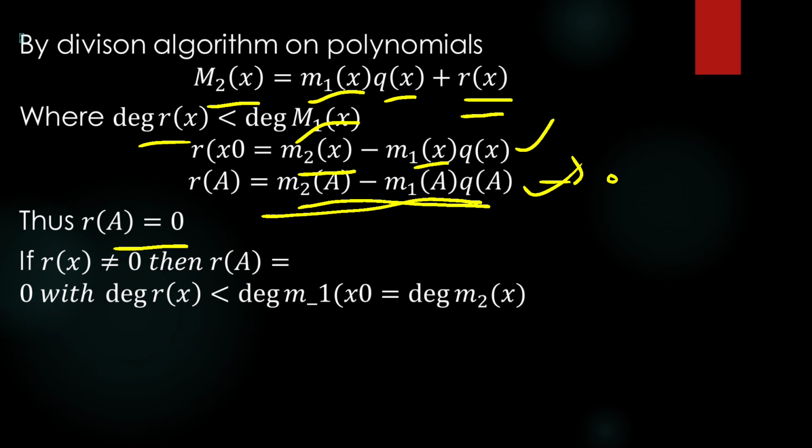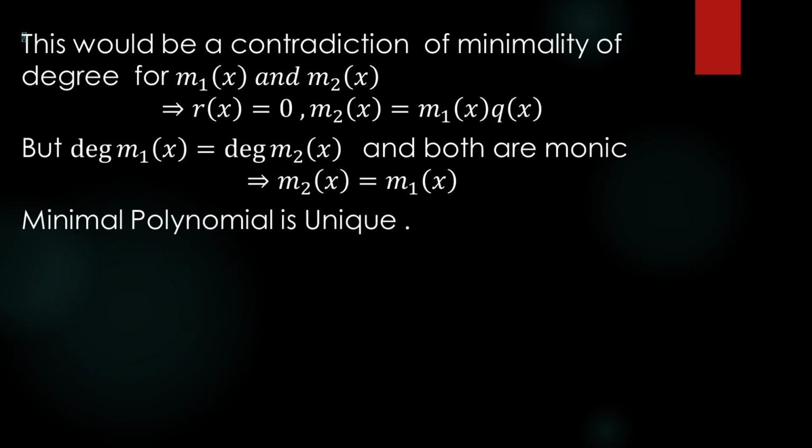So if the remainder R(x) is not equal to 0, and we have seen that R(A) is equal to 0, with the degree of the remainder being less than the degree of m1, then that will definitely become a contradiction.